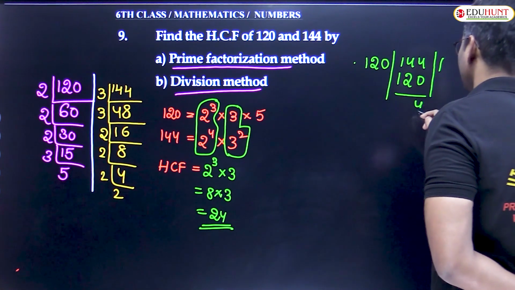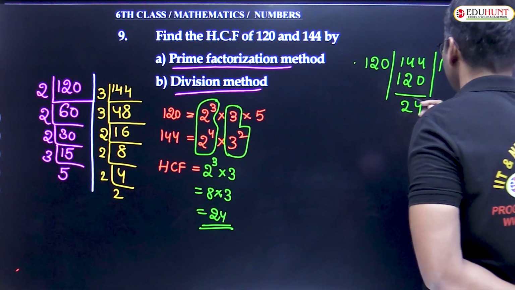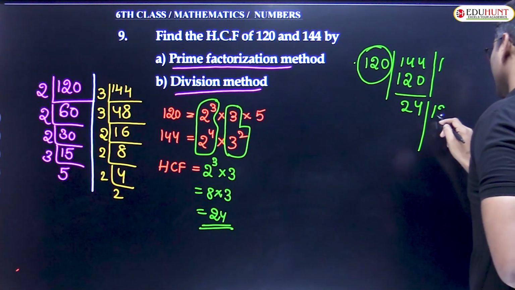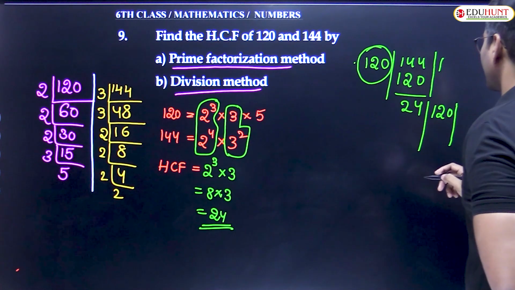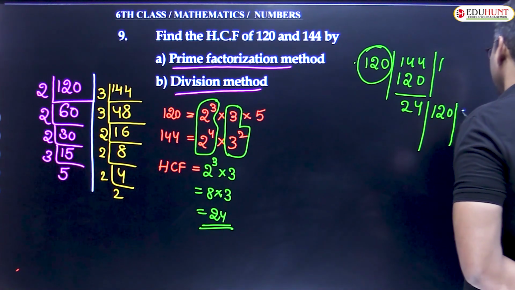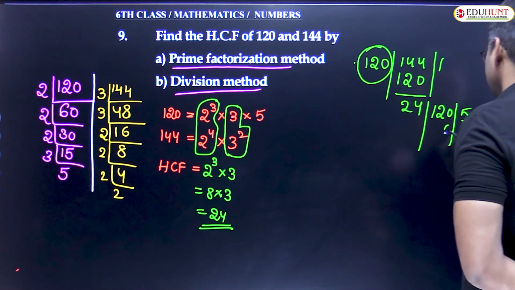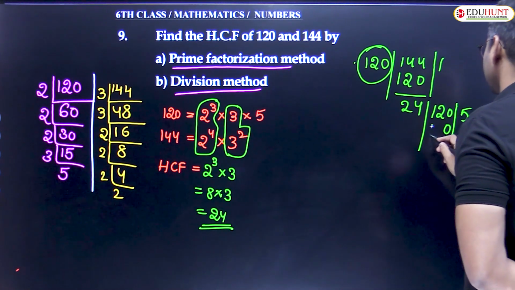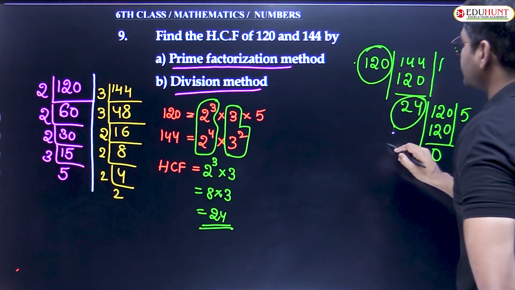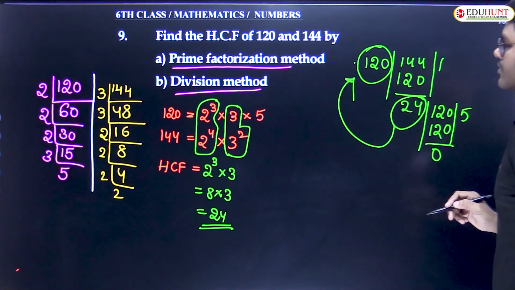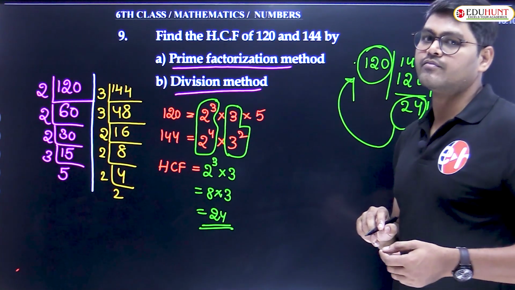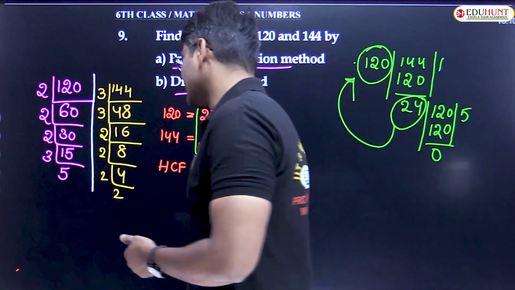The remainder is 24. Now, 120 should be divided by 24. 24 how much? 24 5s 120, remainder 0. Therefore, 24 is the HCF of these two given numbers. Whatever method we follow, we get the same value. Okay. Let's see the next one.